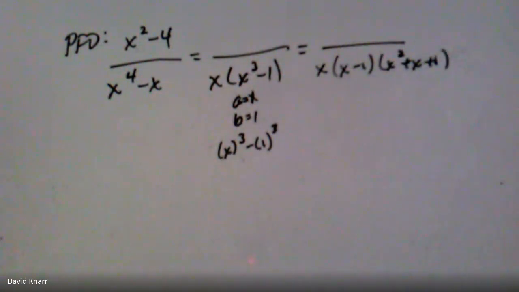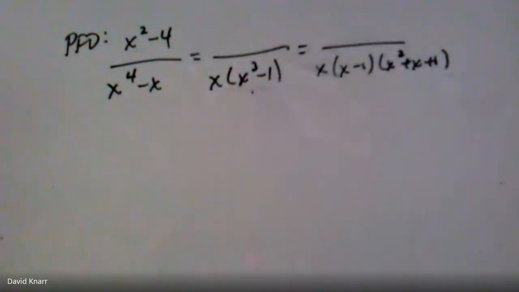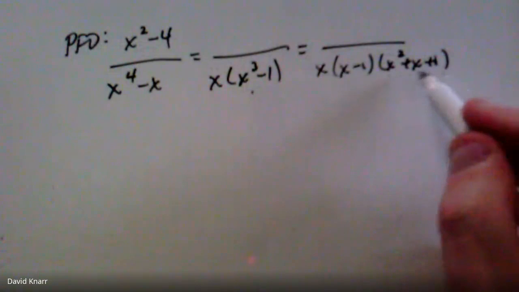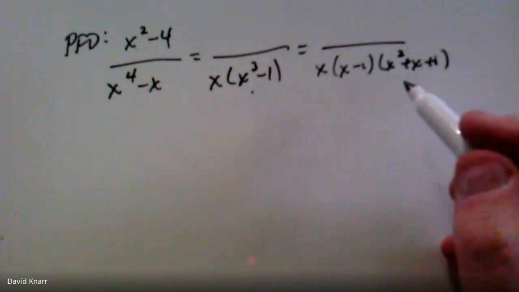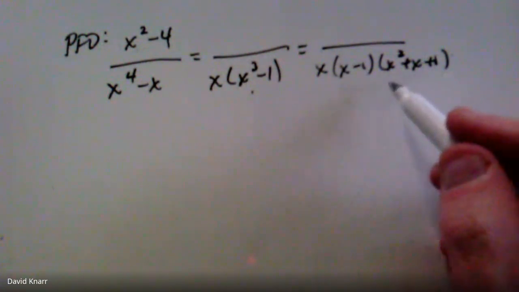Now, the good news is when you factor a cubic, if you remember the formula correctly, this quadratic here, x squared plus x plus 1, will never factor again, as long as you factor correctly the first time.